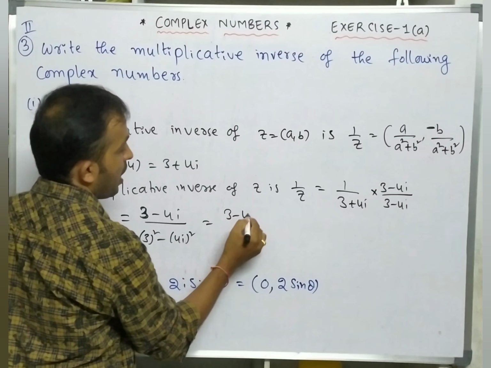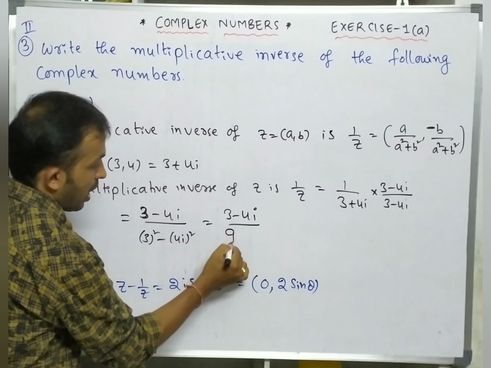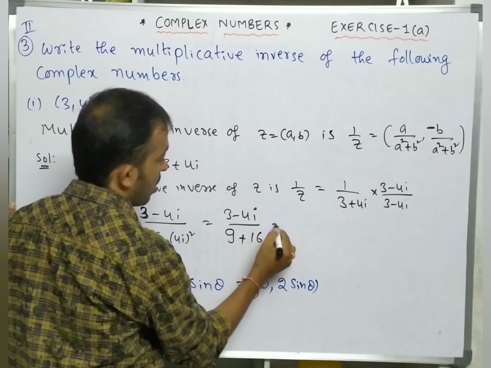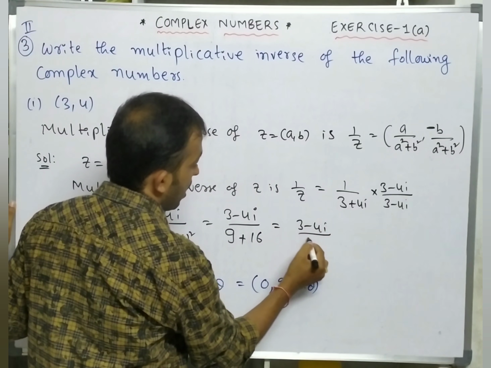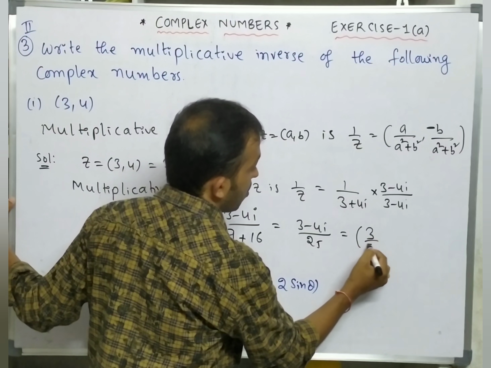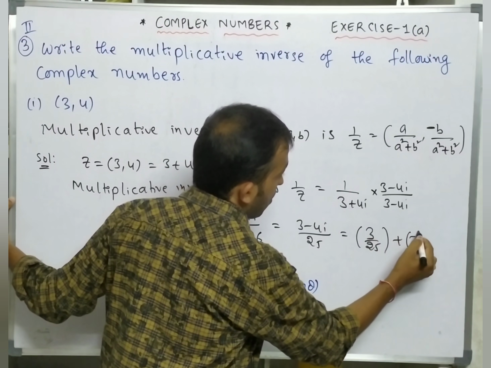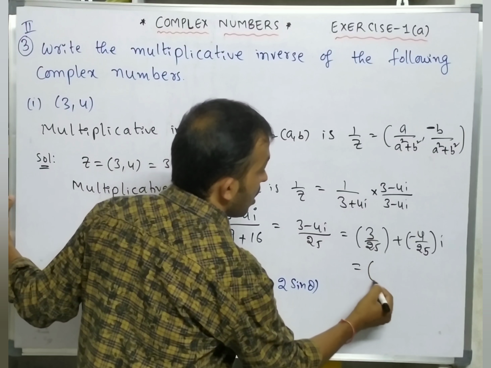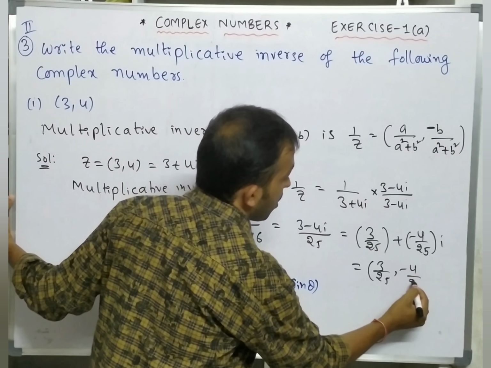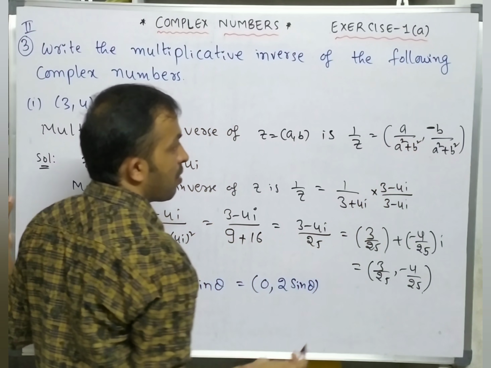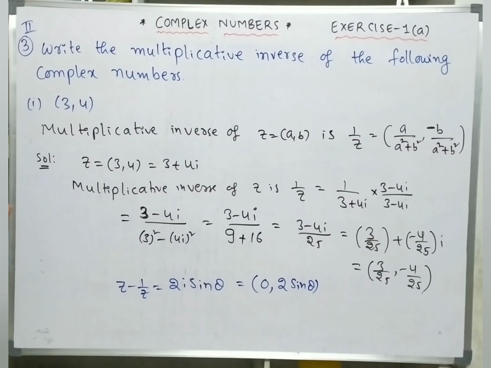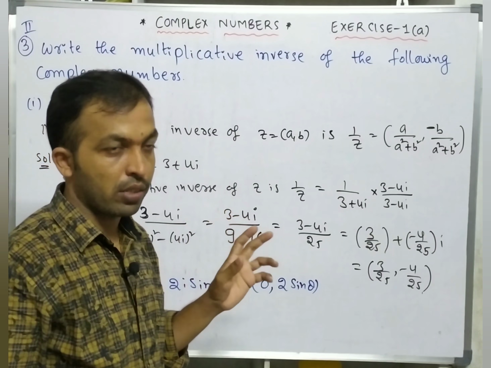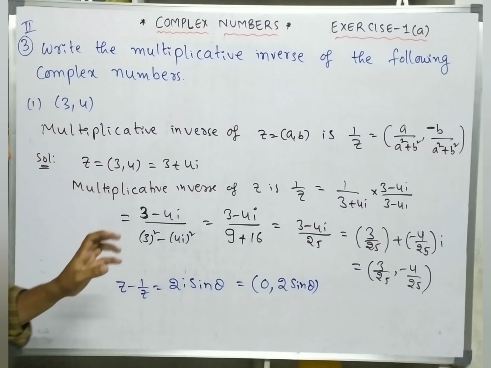So that is 3 minus 4i by 3 square, 9, minus i square, minus 1, minus into minus plus 4 square, 16. So 3 minus 4i by 25, that is 3 by 25 plus minus 4 by 25 into i. So this can be written as 3 by 25 comma minus 4 by 25. So that is a by a square plus b square comma minus b by a square plus b square. So just multiply numerator and denominator with the conjugate. So this is about multiplicative inverse.